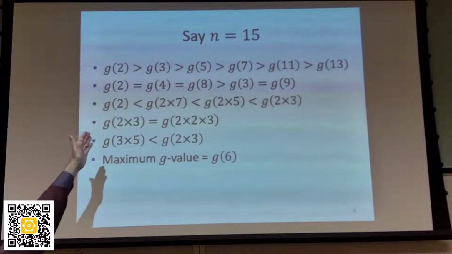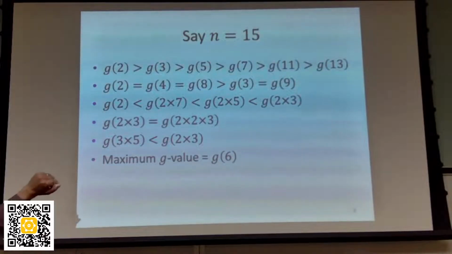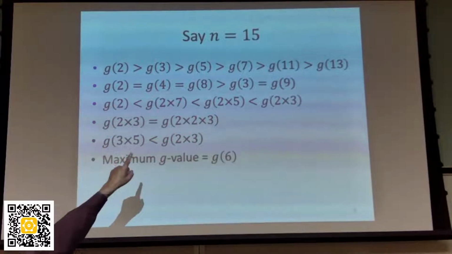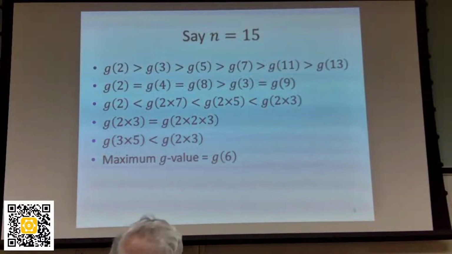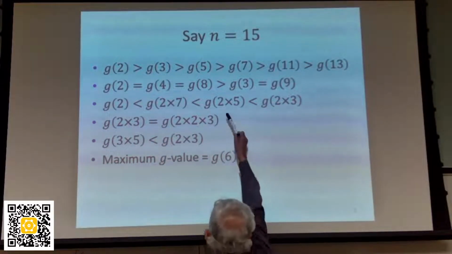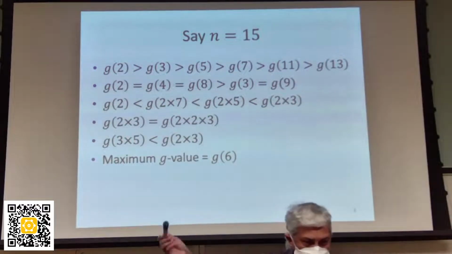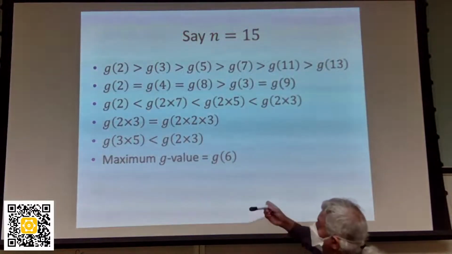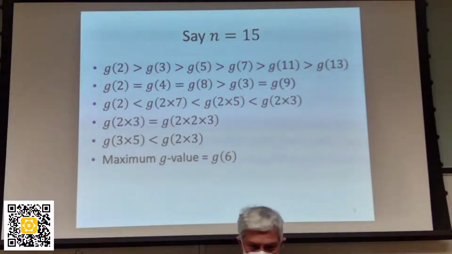So I don't have to consider anything other than G of 2 because that's the biggest so far, right? But G of 2 is the same as G of 4, is the same as G of 8 because all factors are just 2. And this is actually better than G of 3, which is the same as G of 9 because that's just a power of 3. So far, G of 2 is the best, right?